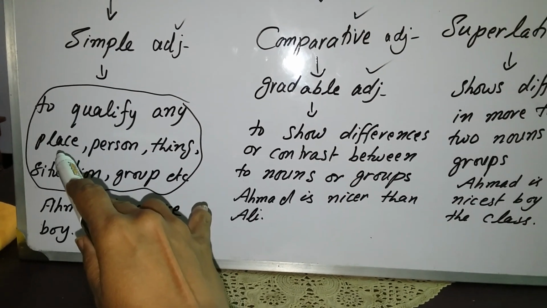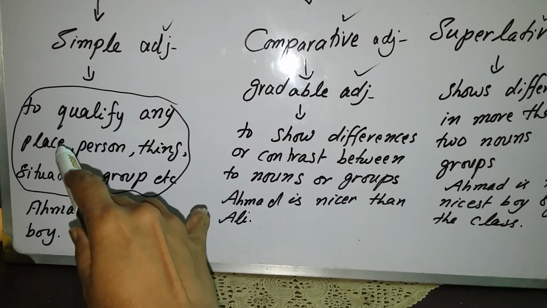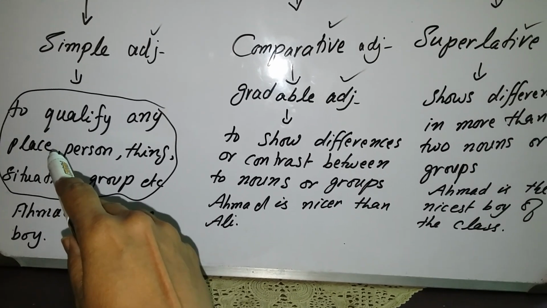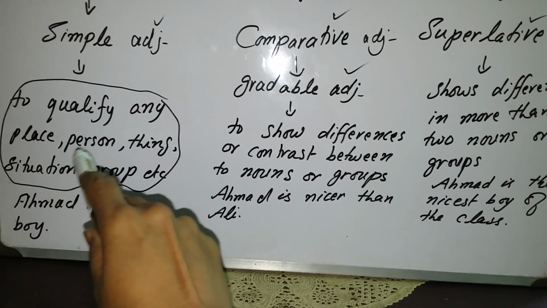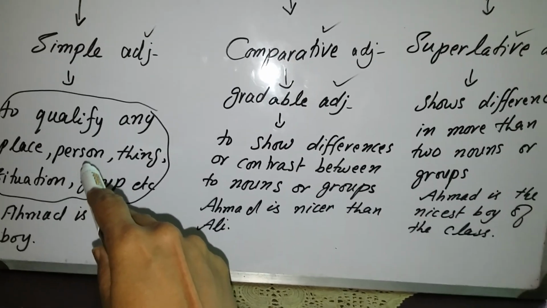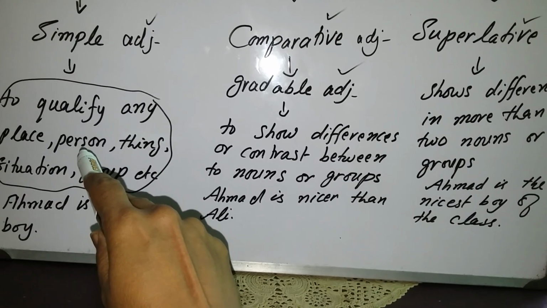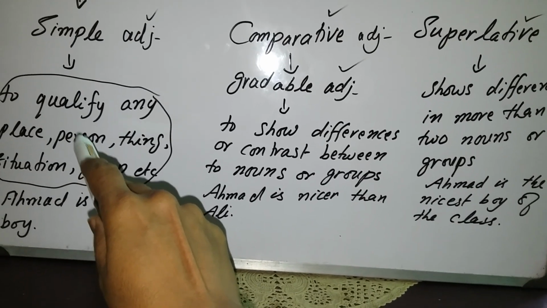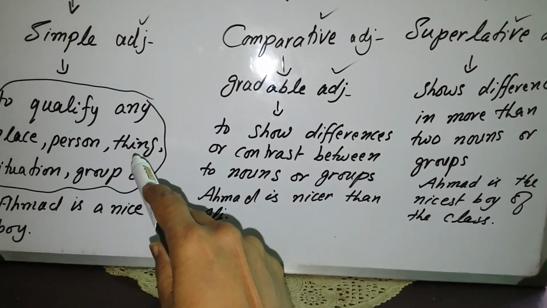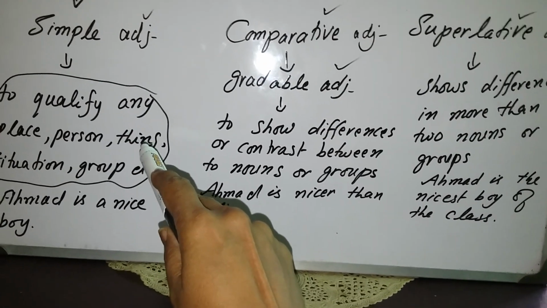Place, for example, Pakistan is a beautiful country. So Pakistan, this is the place. Aslam is a good person. So Aslam, that is a noun and it is a person. Thing, this is a large table. Table, that is a thing.